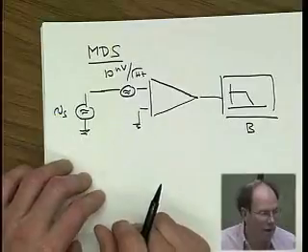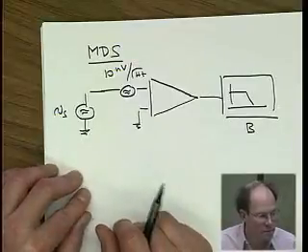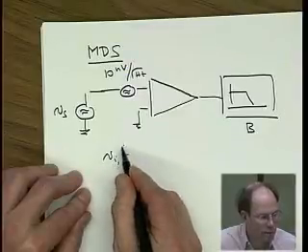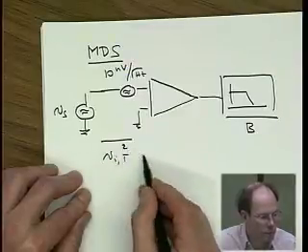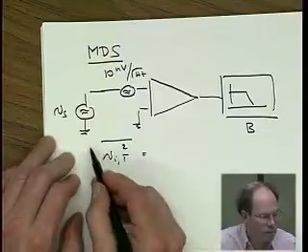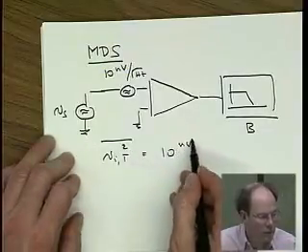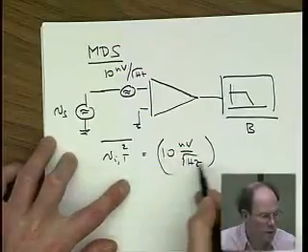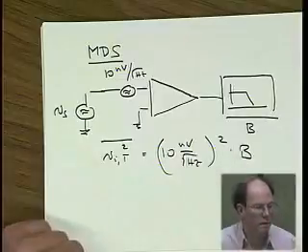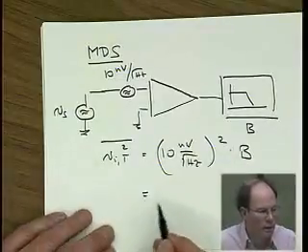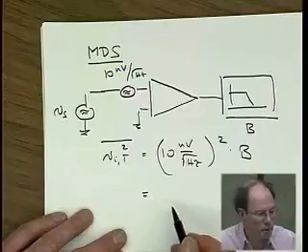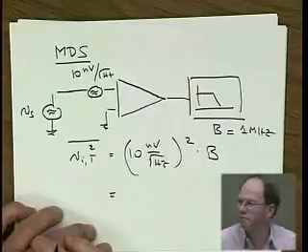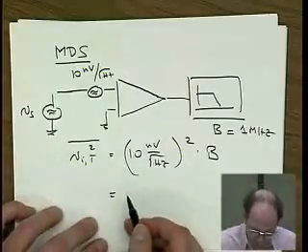Right? Then we know right away that the total noise, Vi total, is equal to 10 nanovolts per root hertz squared times B. Or that is equal to, let's say B was 1 megahertz, a high frequency microphone or a high bandwidth microphone.